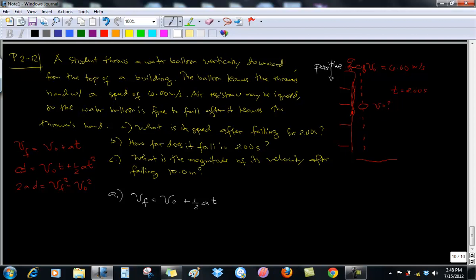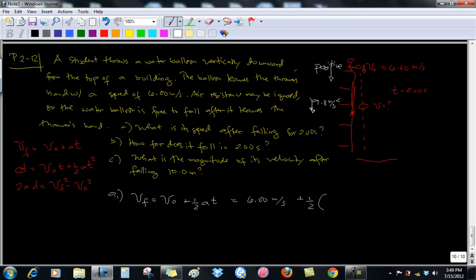There are many possible ways of doing this. If we assume that downward is positive, V0 is positive, 6. So, V final will be equal to V0, which is 6.00, positive because we assumed downward is positive, plus the acceleration. If gravity is the only thing pulling it, the acceleration will be 9.8 meters per second squared, and it's always downward.